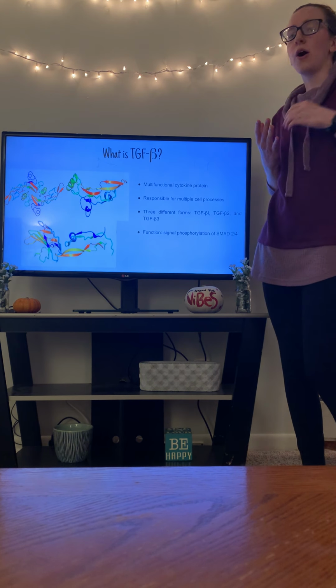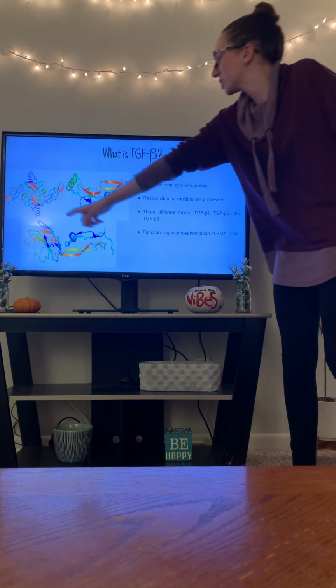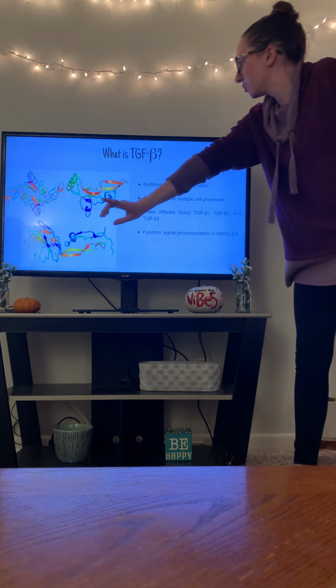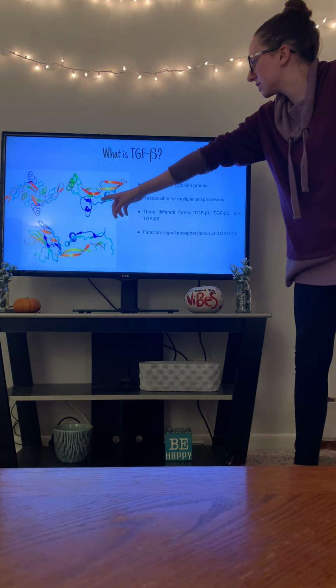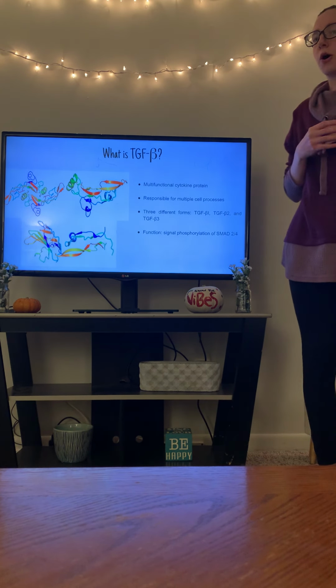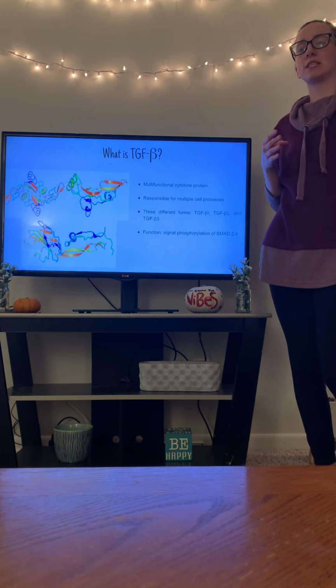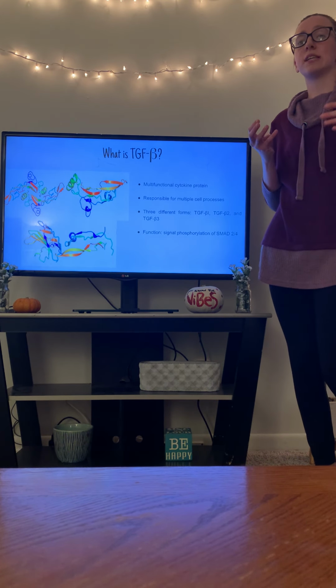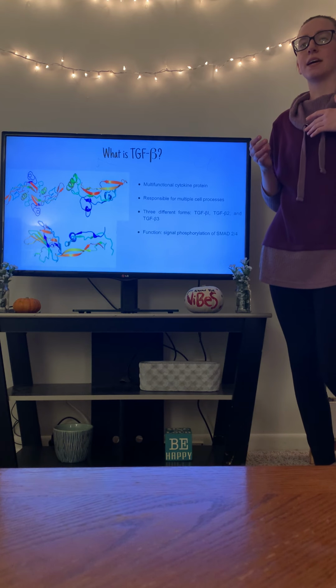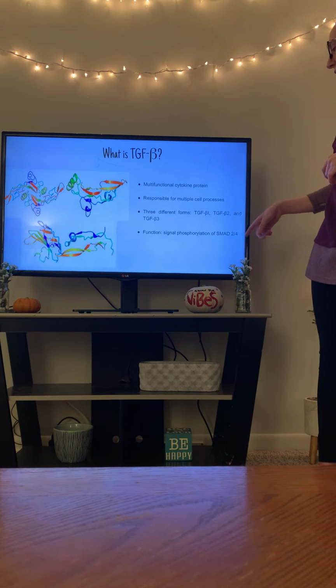And so there are three different forms of TGF-beta. TGF-beta 1, which can be seen here, TGF-beta 2, which can be seen here, and TGF-beta 3, which is here down below. And all of these different forms pretty much work together to signal the phosphorylation of this SMAD2/4.